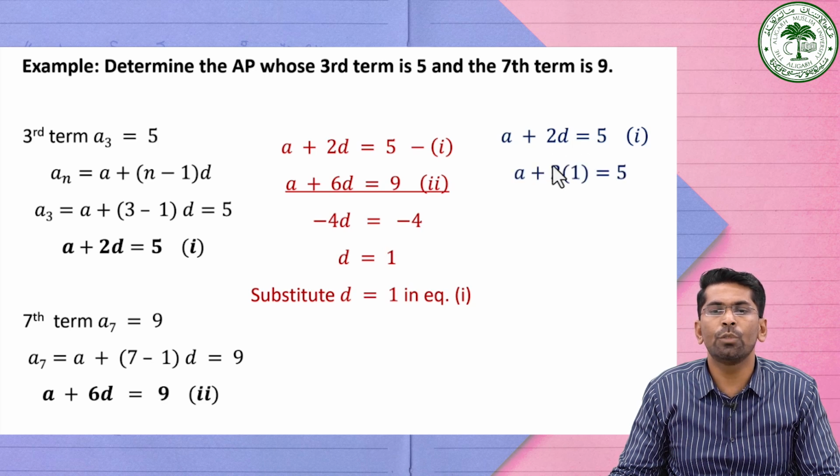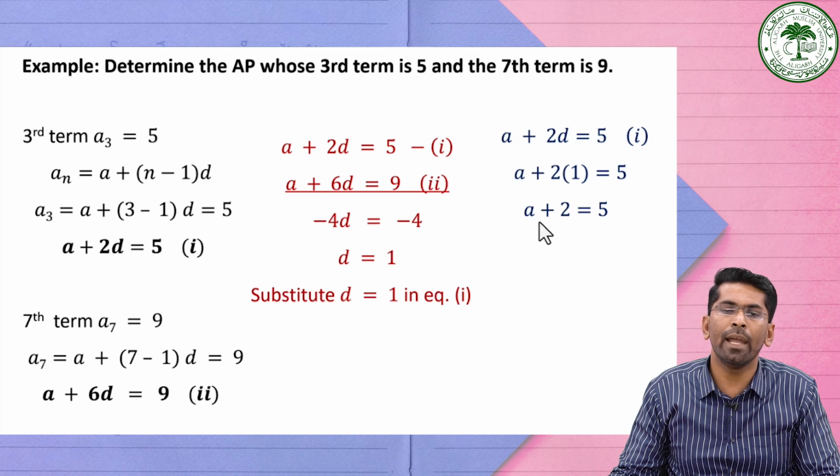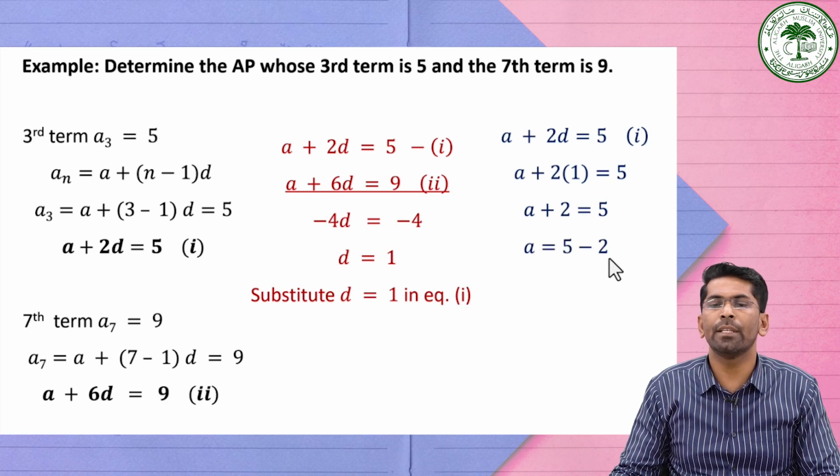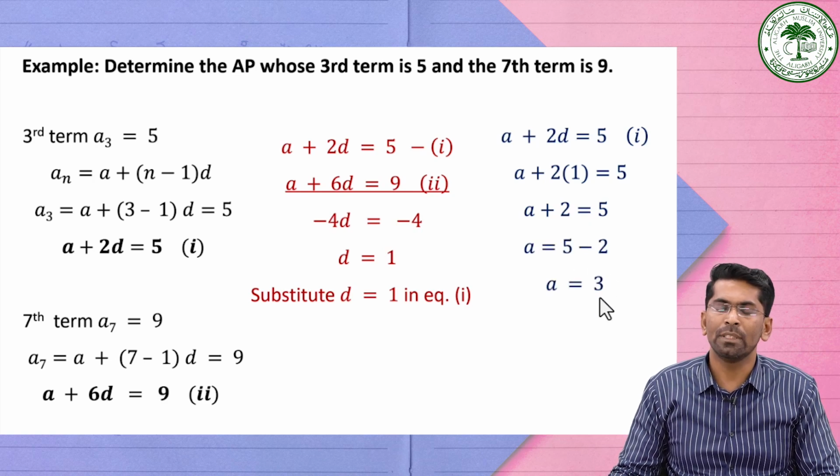Then a plus 2 into 1, which is 2, equals 5. To isolate the variable a, we subtract 2 from both sides, so a equals 5 minus 2. So a is equal to 3.